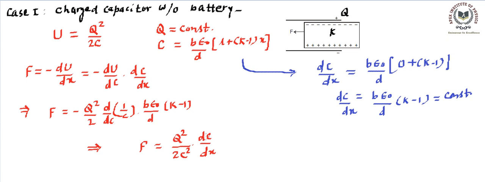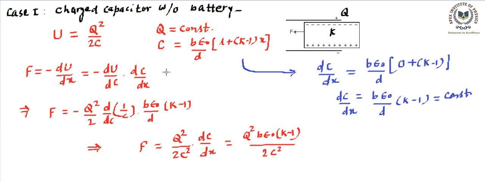We can remember dc by dx separately, and this will become our formula. If we place the value of dc by dx, then we'll write it as Q square B epsilon naught K minus 1 divided by 2C square. So this is the formula of force acting on the dielectric slab when it is partially inserted.